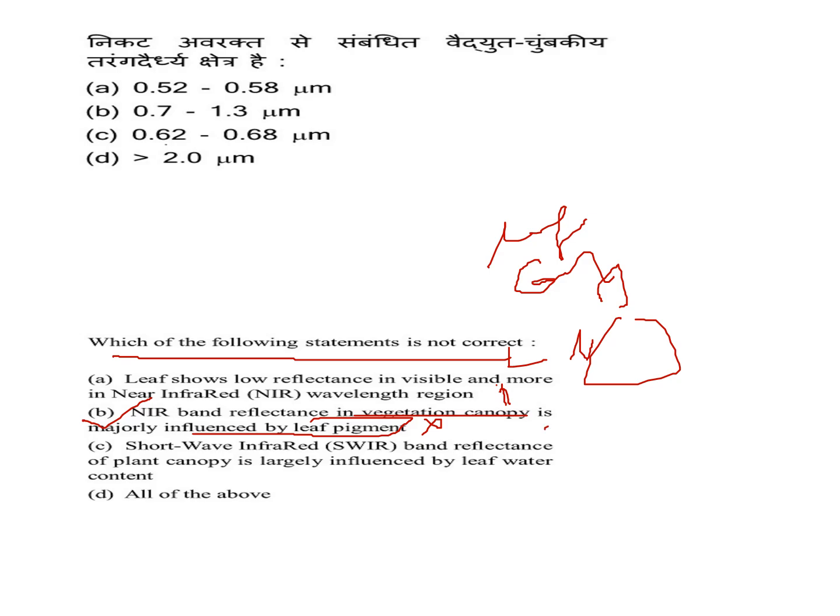It is influenced by the canopy architecture and internal cellular structure, whereas leaf shows low reflectance in visible and more in near infrared wavelength region. This is also correct. Chlorophyll strongly absorbs visible light for photosynthesis, leading to low reflectance. So the answer is NIR band reflectance. This is not by leaf pigments. This is majorly by canopy architecture.